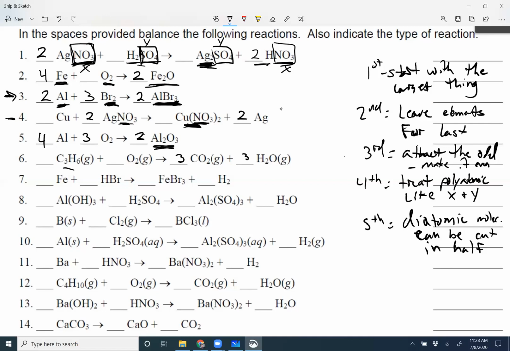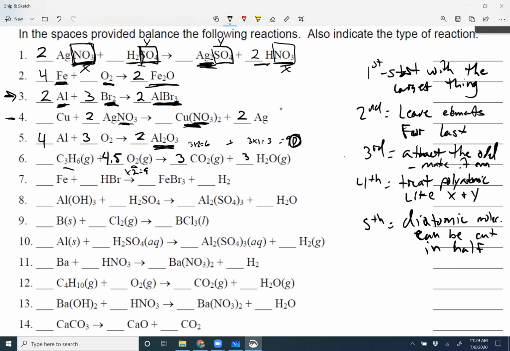But now, to balance our oxygens, I've got 3 times 2 equals 6 oxygens here, and 3 times 1, which equals 3 oxygens there. So if we add these together, that gives us 9 oxygens. So what number times 2 equals 9? Well, that number is 4.5, but is it okay to do that?